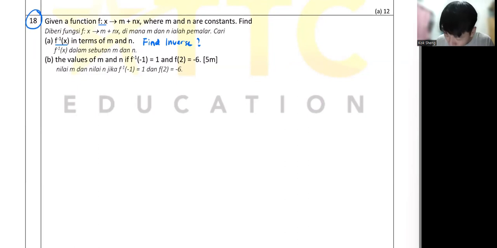So the step right here, just now you already saw the step, right? Let y, express x. We are finding the inverse of function f. So we let y equal function f. Copy here first, function f.